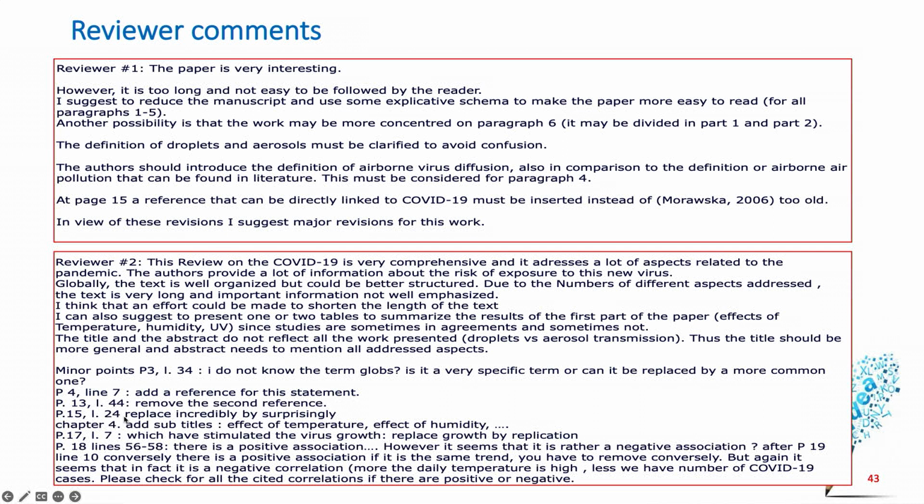This particular paragraph says, replace incredibly by surprisingly. The word incredibly, unfortunately I missed. That is a taboo word. Incredibly, right? Instead of that, they want us to use surprisingly.